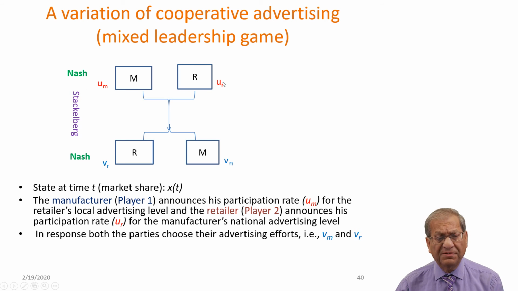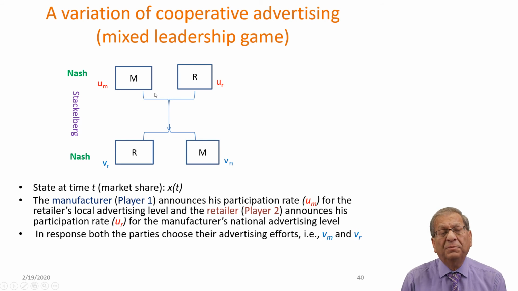Given the participation rates, each player will decide on their advertising expenditure. R will decide on advertising expenditure v_R, and M will decide on advertising expenditure v_M. As you can see, both players are leaders and both players are followers.